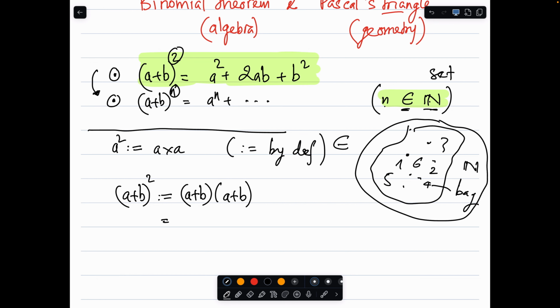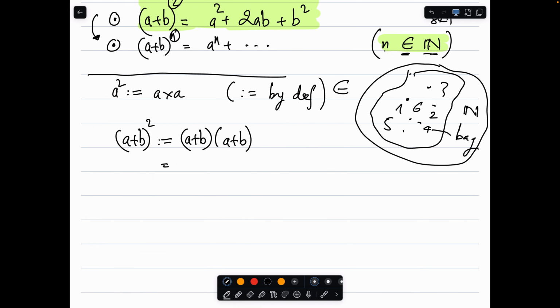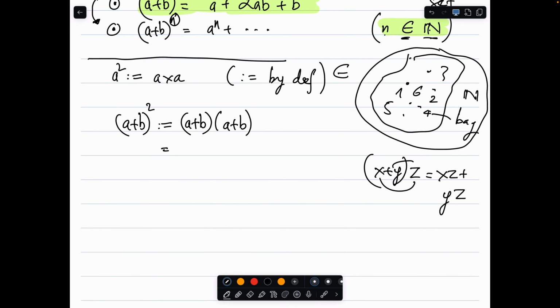Okay, now we just use the algebra rules that we know. x plus y times z is xz plus yz. So I do that with a: a squared, ab, ba, bb.